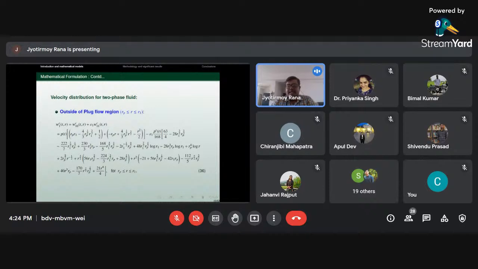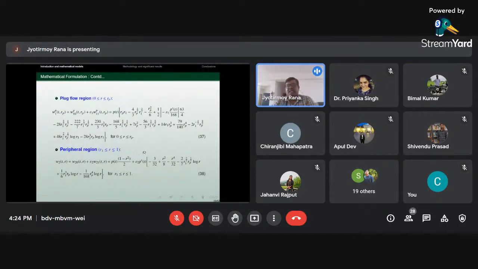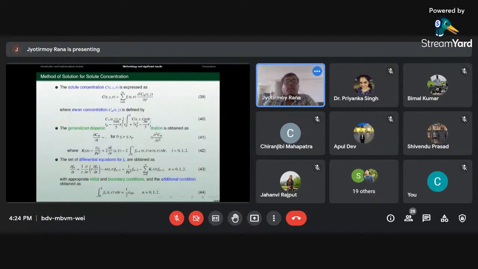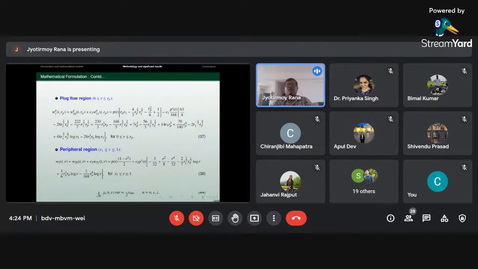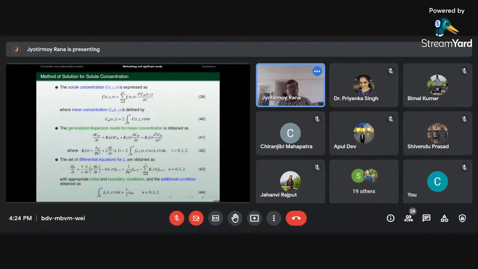We have the velocity outside the plug region, obtained by this, and the plug region, obtained by this. These are all the fluid velocities of the non-Newtonian fluid, the Casson fluid considered here. And this is the fluid velocity near the peripheral region, and this is the Newtonian velocity we are getting here. So now we have obtained the velocity of the fluid.